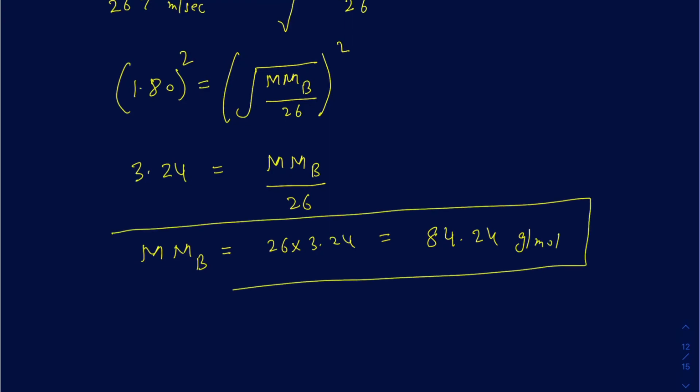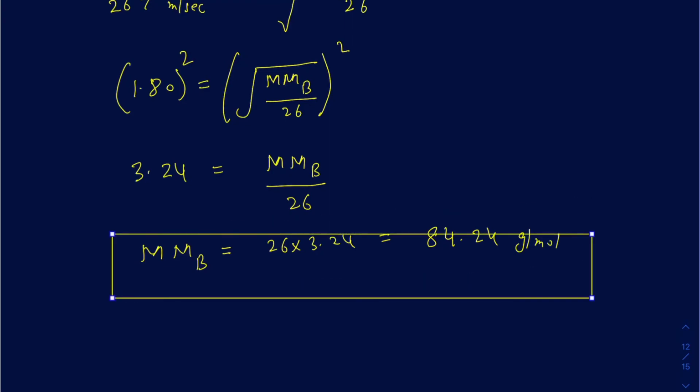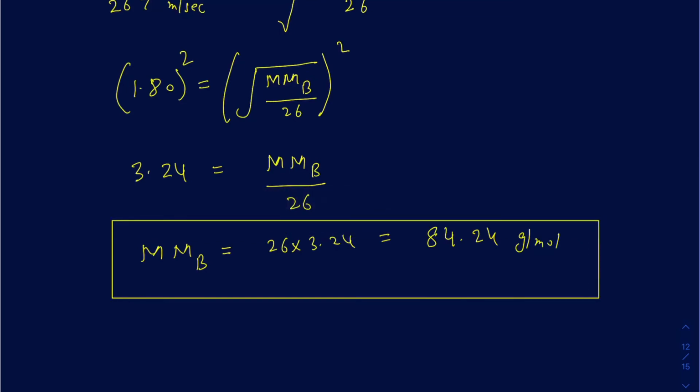Okay, so the question actually does tell you it's a noble gas. So you may want to go back and look up in the periodic table and see which particular noble gas has this molar mass. So keep in mind where noble gases are.